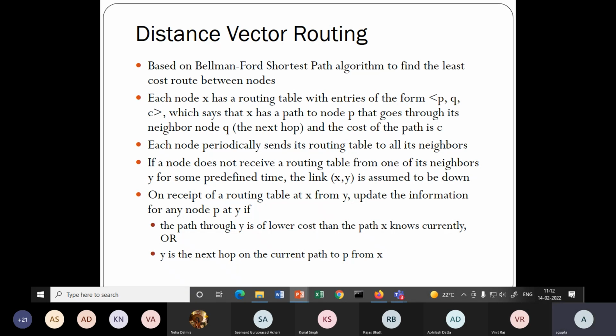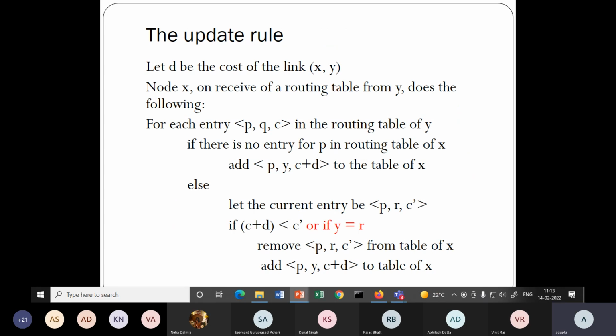The way distance vector works, just to recapitulate, is that every node periodically sends its routing table to its neighbors, all the entries it has. When I receive a routing table from one of my neighbors, I look at every entry of that routing table.